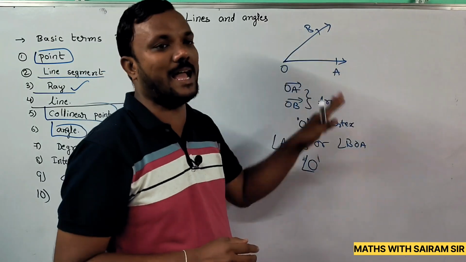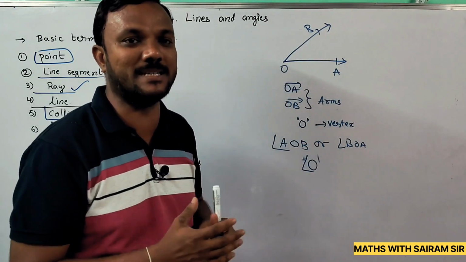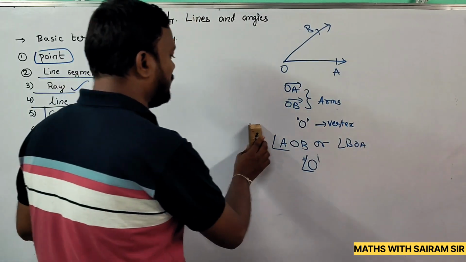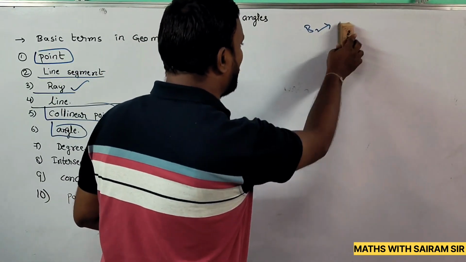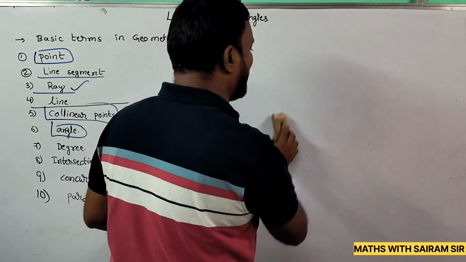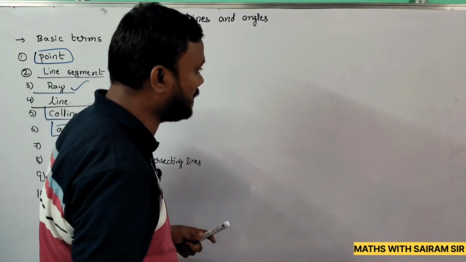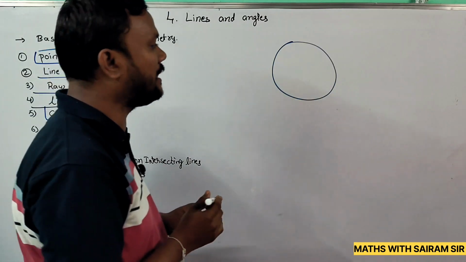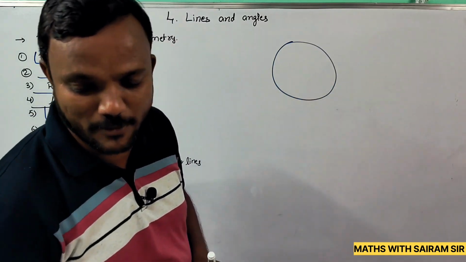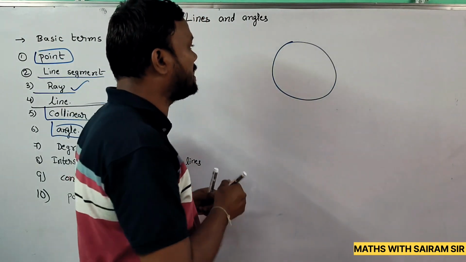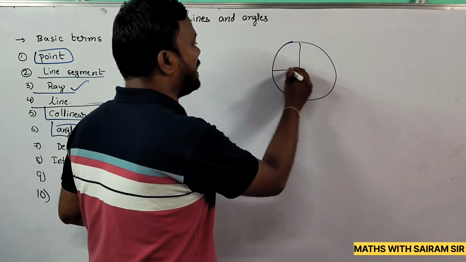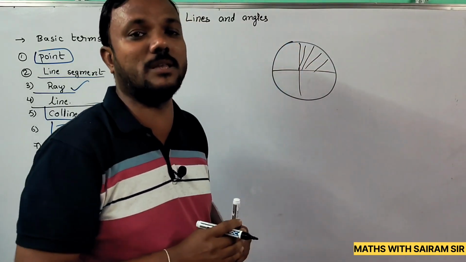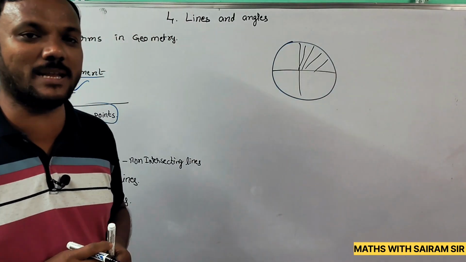And to measure this angle, we use the unit called a degree. So now it is time to learn about a degree. What is the meaning of the degree? Degree means, if you take one complete circle and divide it into 360 equal parts, then each part is known as 1 degree.